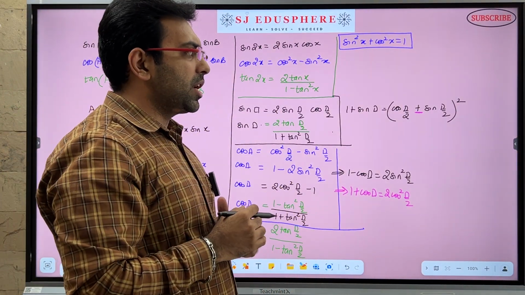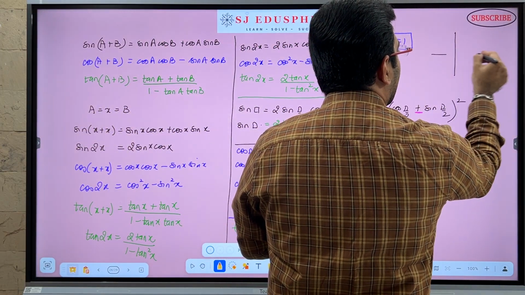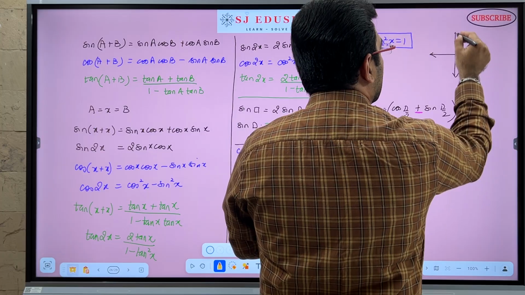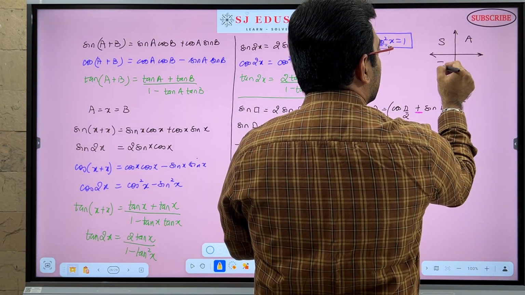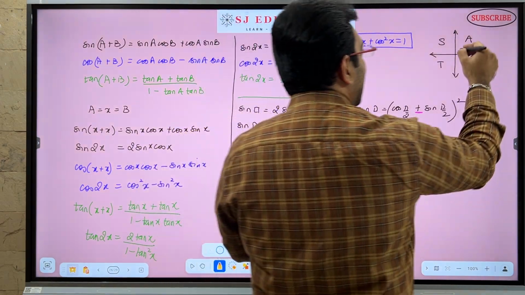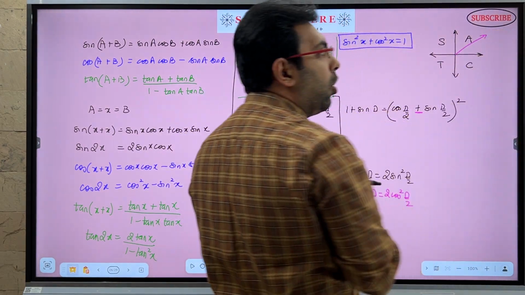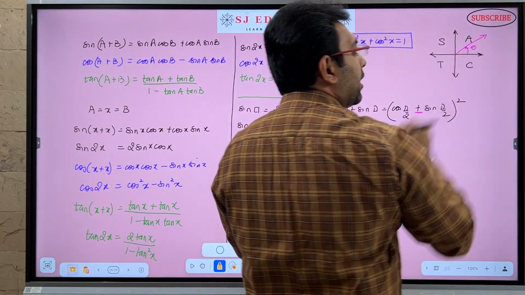The last leg which I would want you to know, did we realize that as per my quadrant rule, I am saying here all are positive, sine, tan and cos. That means if I take any angle over here, all will be positive. This is rising by theta.